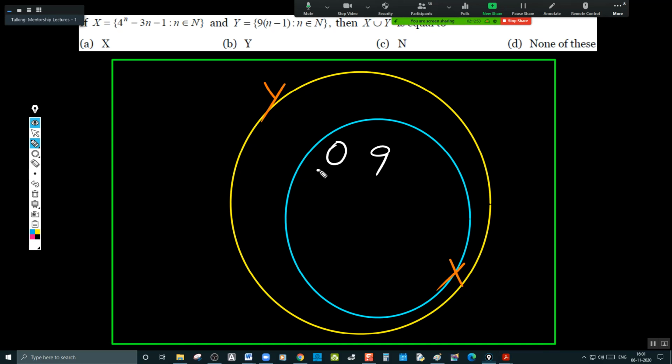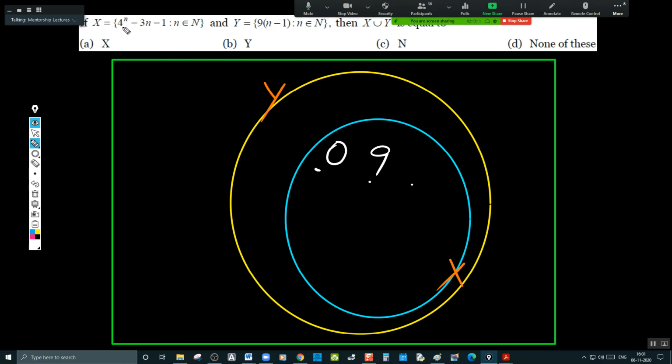Generally in the sets the elements are denoted with the dots. Sorry, sir, sorry. 0 is also there. I'm writing x first. 0, 9.